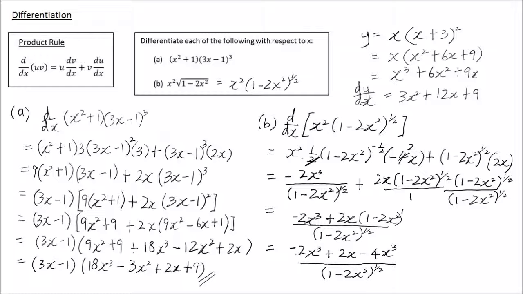So when you have minus 2x cubed and minus 4x cubed, what we get is minus 6x cubed.